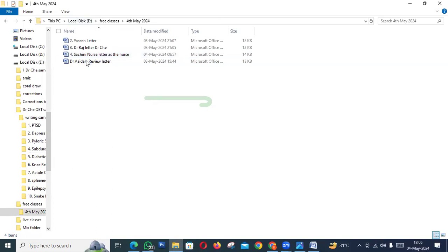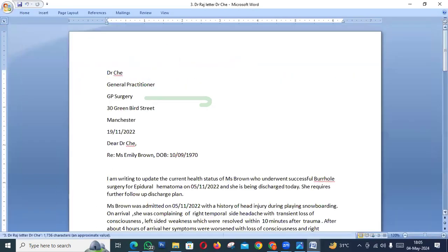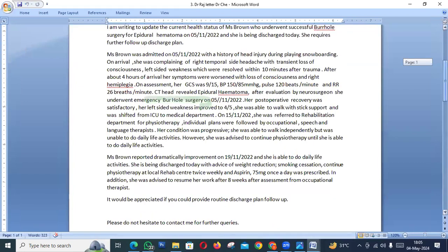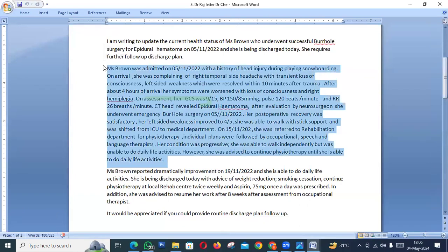Let us see Dr. Raj's letter. Can you see here the paragraph? Is this one paragraph, or are you unable to make paragraphs due to software issues? Or is this one paragraph? Just be honest with us, please.